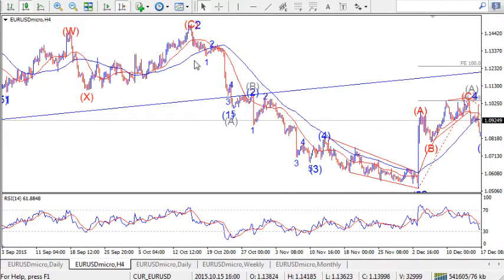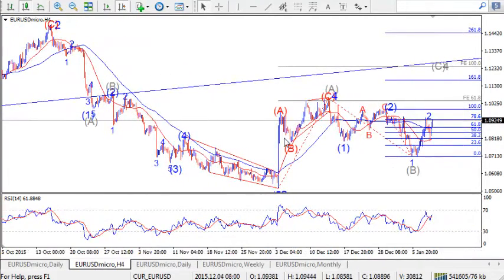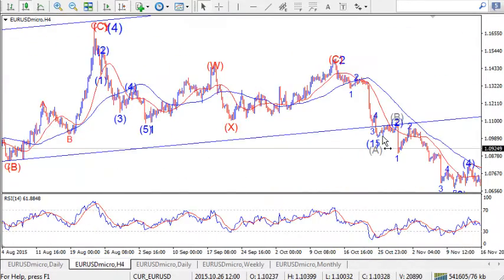And the other way is that this is 1, 2, 3, 4, 5 for wave A, this is wave B, and from here we have 1, 2, 3, and wave 3 does not end here, but here it is quite possible, and 4 and 5, which means that wave 3 goes into the form of ABC, which suggests that this wave 5 to the downside will take the form of an ending diagonal, and thus it is quite possible that this is wave A, this is wave B, and from here we have wave C up to that level, which is also the lower boundary of that channel.